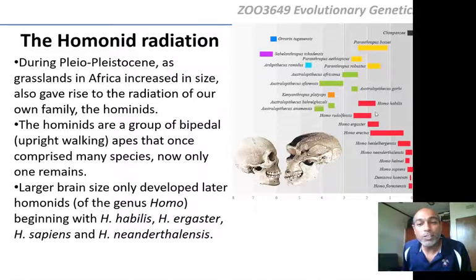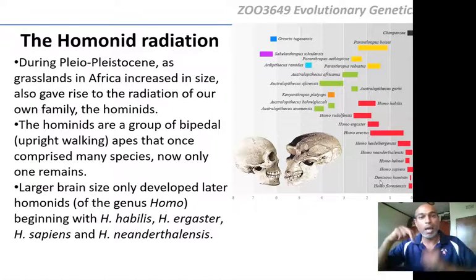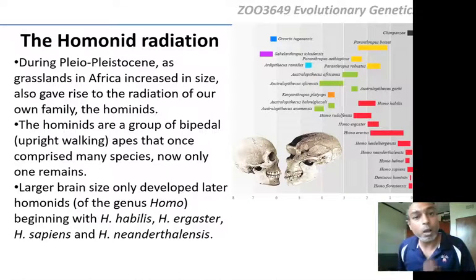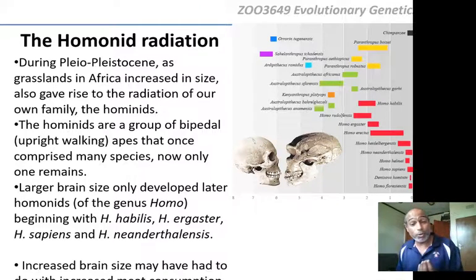Okay, so these in red are the big-brained upright walking apes, the upright walking apes that belong to the genus Homo, man-like apes. In other words, us, our brothers and sisters.